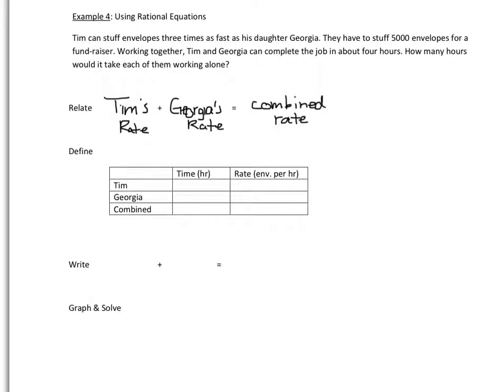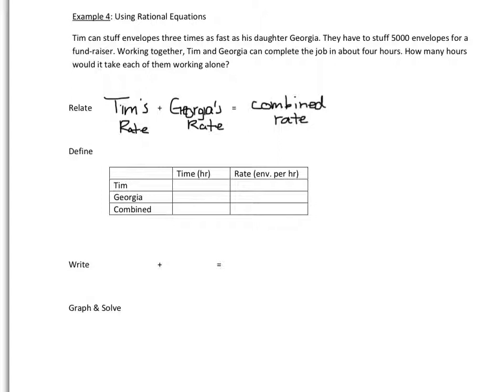We need to figure out what information we have. It says Tim can stuff envelopes 3 times as fast as his daughter, Georgia. So we're talking about the amount of time it takes. We need to make either Tim or Georgia X, and then figure out what the other one would be. Which one do you want to make X? Tim. Okay.